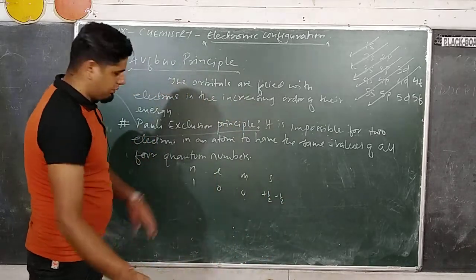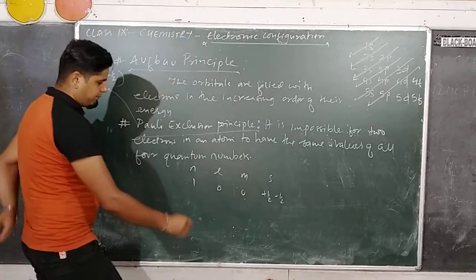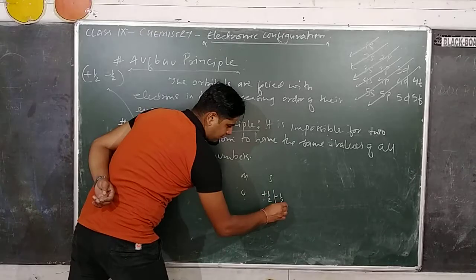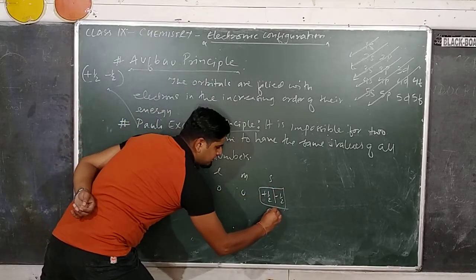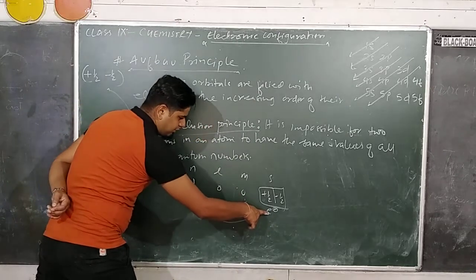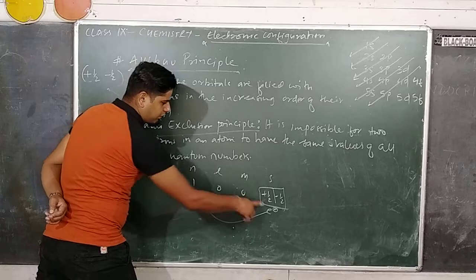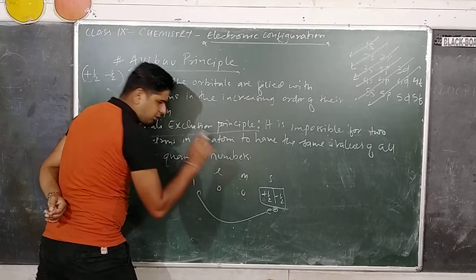Suppose for principal quantum number n equals 1, two electrons are there. For this electron, the principal quantum number value is 1, the azimuthal quantum number value is 0, and the magnetic quantum number is also 0.